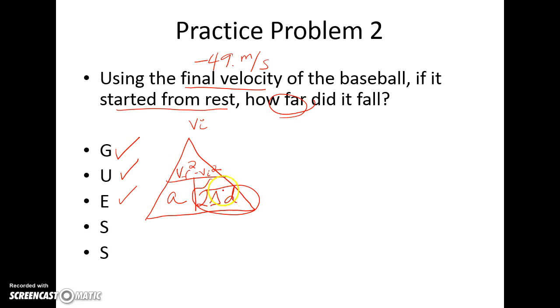I'm going to imagine this doesn't exist. So in order to get this to delta D, what do I have to do? I have to do what's on top divided by what's on bottom. So VF squared minus VI squared over A. Okay.